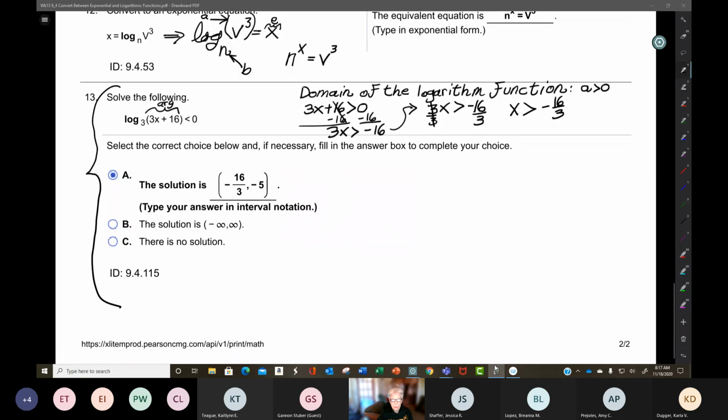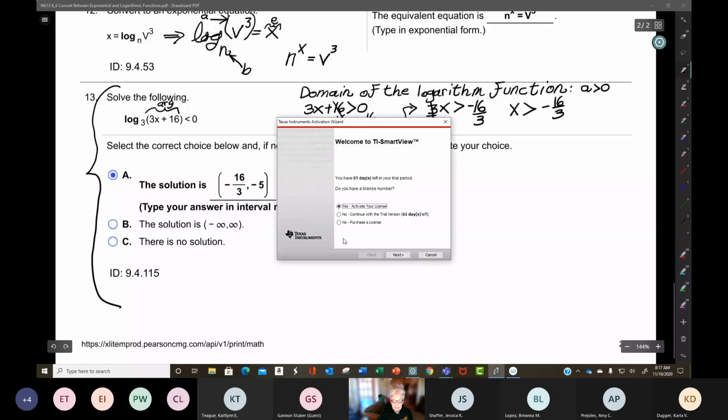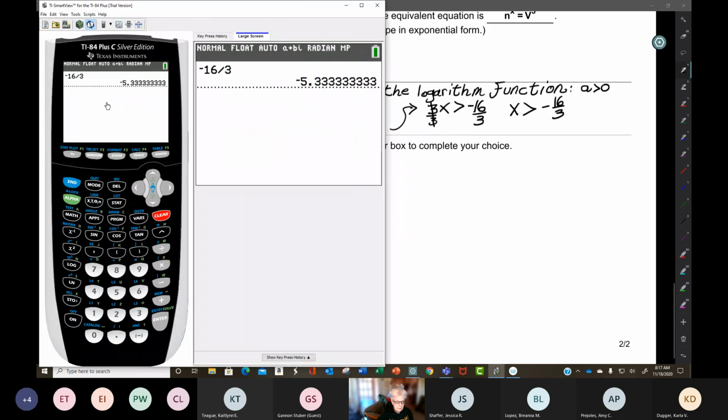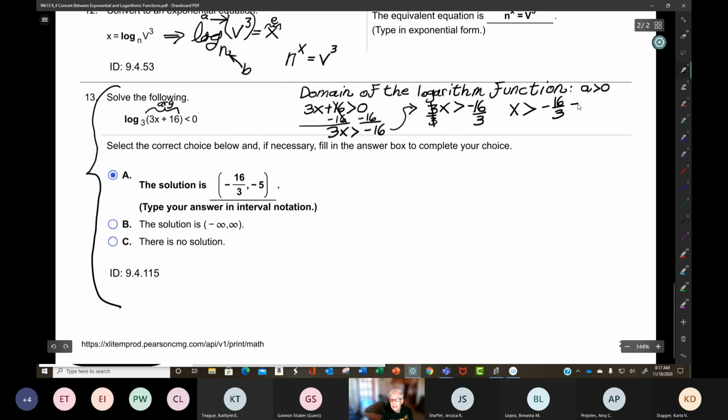I mean, I don't go around thinking in improper fractions. That actually is a graph of that. There it is. Yeah, I was working this last night. Negative 16 thirds is actually, it exactly equals negative 5 and 1/3.